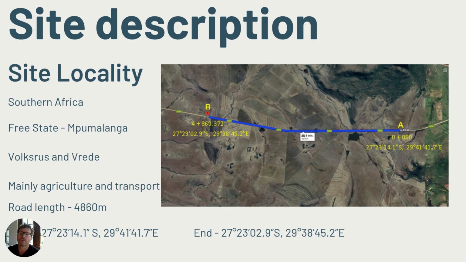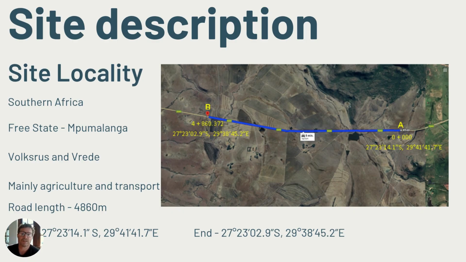The proposed road lies between the towns of Volksrust and Vrede in South Africa, crossing the Mpumalanga Free State border. The designation of the road is the R543, and the upgrade of the road will start at point A, where the tar road terminates and changes into a gravel road.